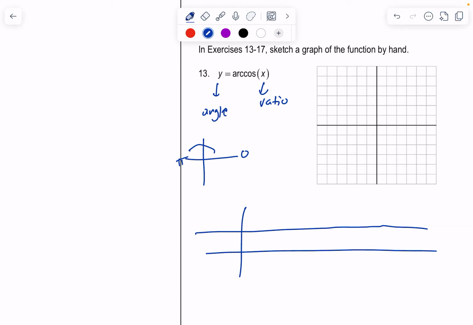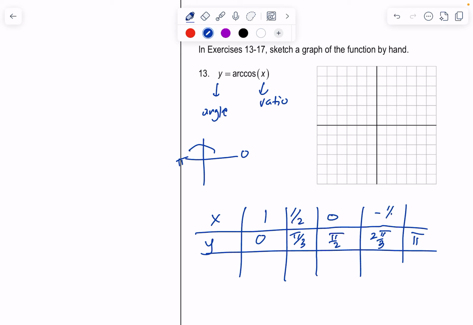So we're going to do 0, pi over 3, pi over 2, 2 pi over 3, and pi. And then 1, 1/2, 0, negative 1/2, negative 1. These are the x coordinates of each of these radian angles.